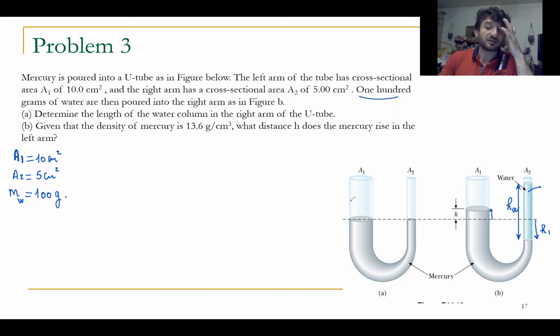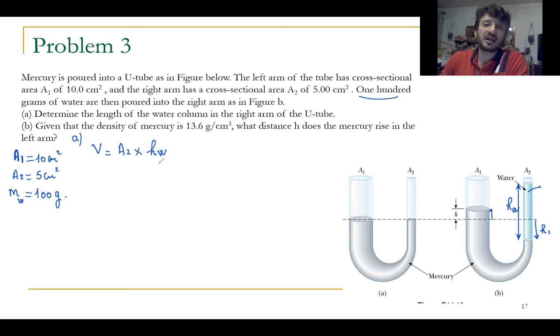Okay, it's easy. You know we have a cylindrical shape on the side. We can say the volume of this quantity equals the section A2 times the height, the height h of water.